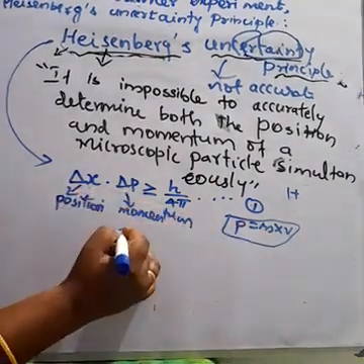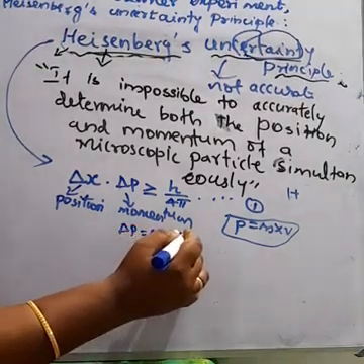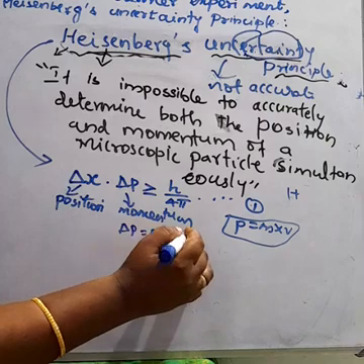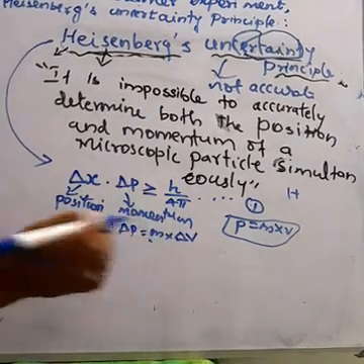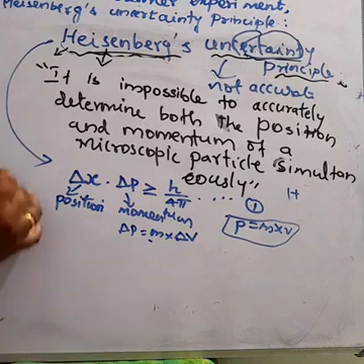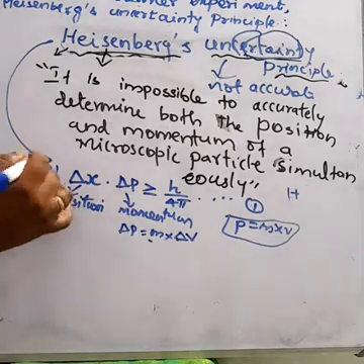How do we get the velocity? From momentum: delta p is equal to m into delta v. The mass will not change. Electron mass is 9.11 into 10 power minus 31 kilogram. It does not change, so only the velocity will change.